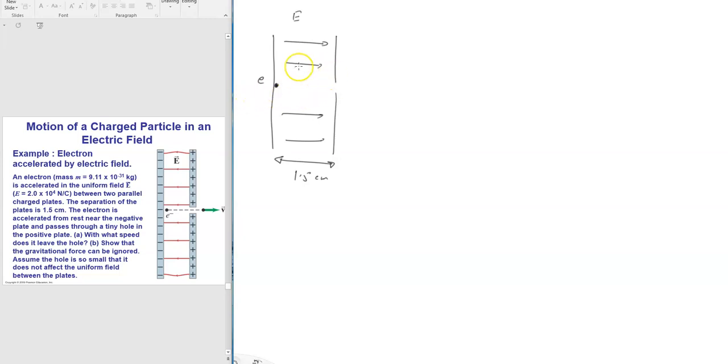Alright. So when you release the electron from here, there's a uniform force acting on it, which can be calculated. F equals QE. It's an electron, so it's 1.6 times 10 to the negative 19. You don't need to put the negative sign, right?